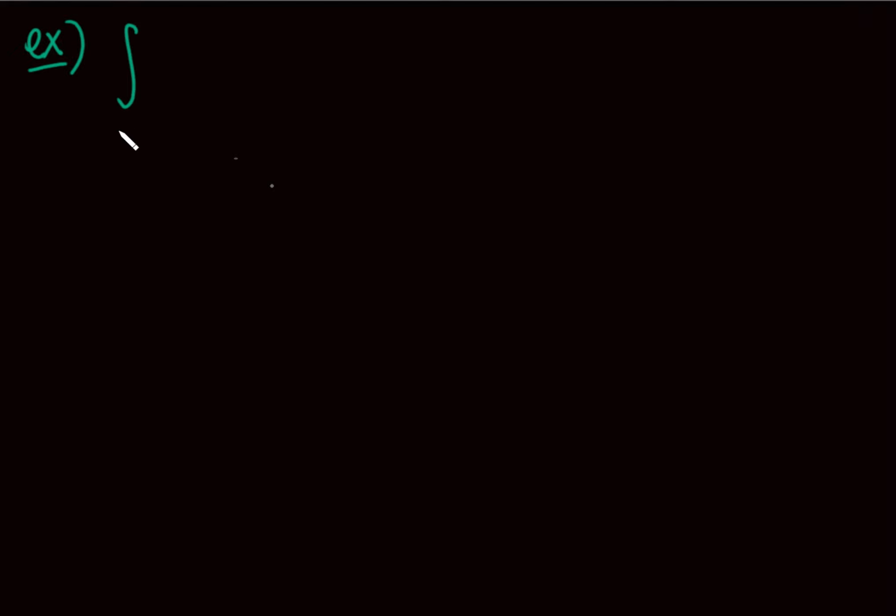How about the integral from, no, let's not do 2. Let's do 0 to infinity of 1 over e to the x, because I want to talk about e a little bit and see what happens to this. All right, so again, I'm going to rewrite the bound here as b.